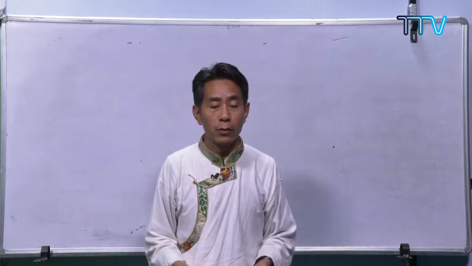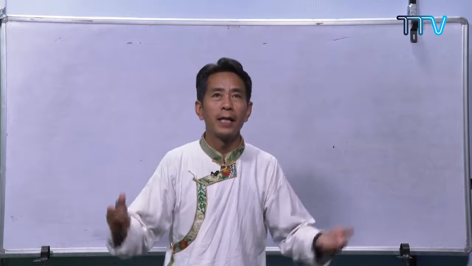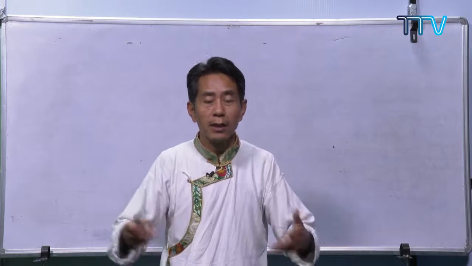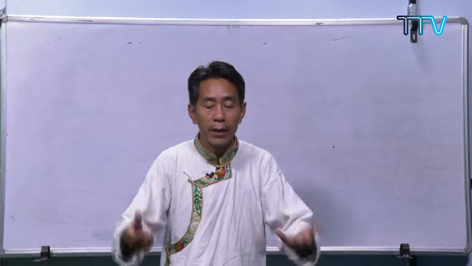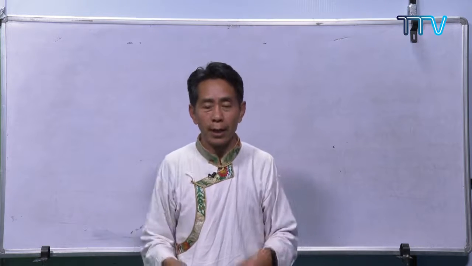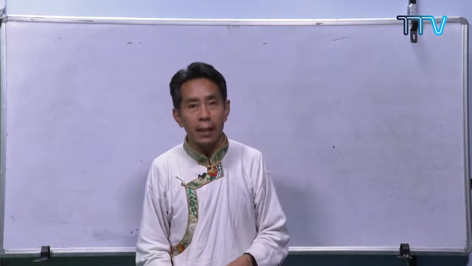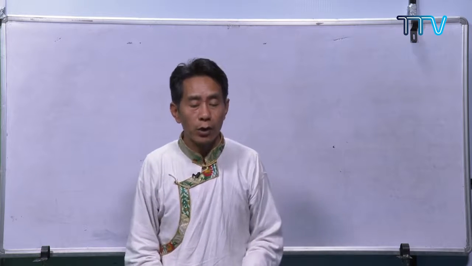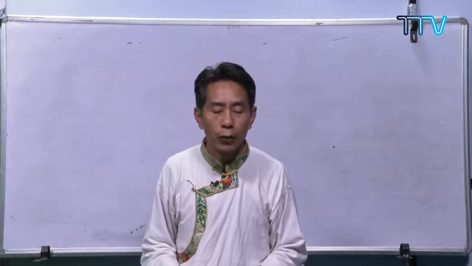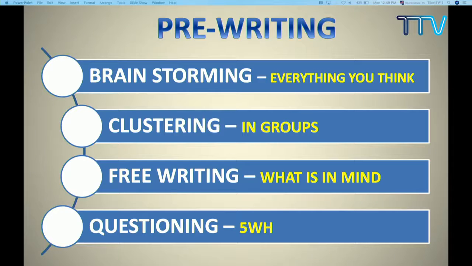Now when I say you have to do pre-writing, the question is, what are some of the strategies that we can use in this pre-writing? There you said so many things, but what are the strategies? Now there are some strategies, and if you look at the internet, you will come across so many strategies that we follow in the pre-writing. And I also remember telling you about the graphic organizer.